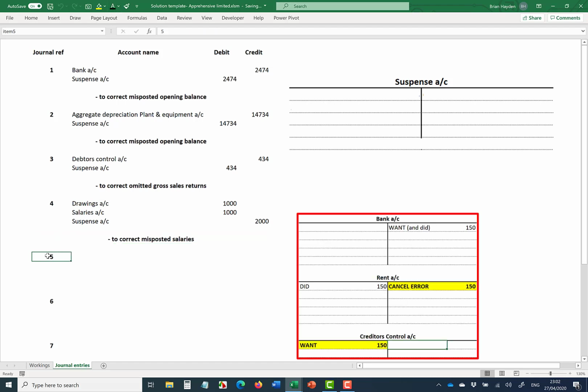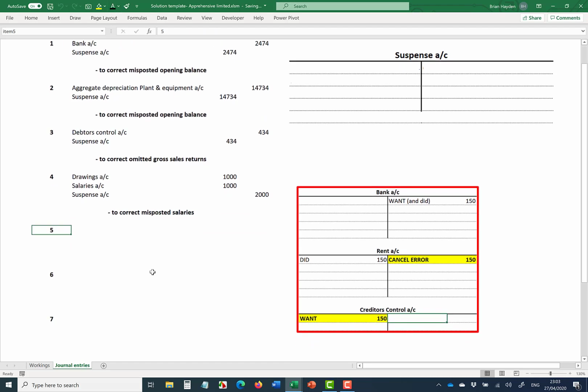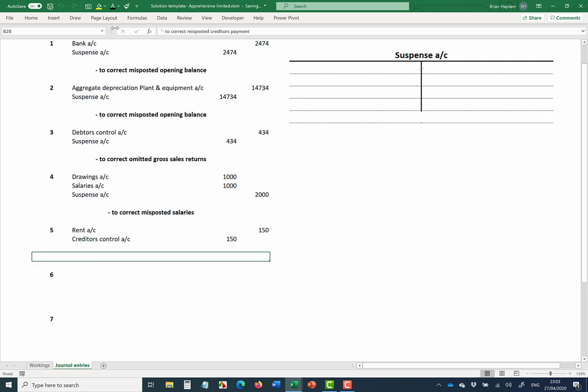Item 5, okay, this was the payment to a creditor that went into the rent account by mistake. So you see that we need to cancel the rent account, credit the rent account, and debit creditors control. Okay, and that is that journal entry. So credit the rent account, debit creditors control.